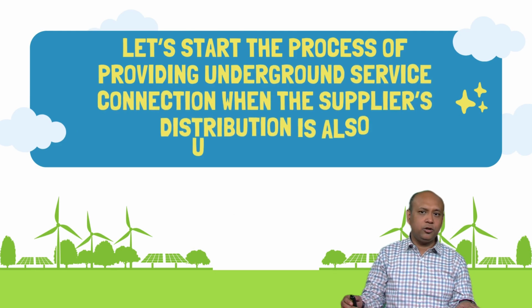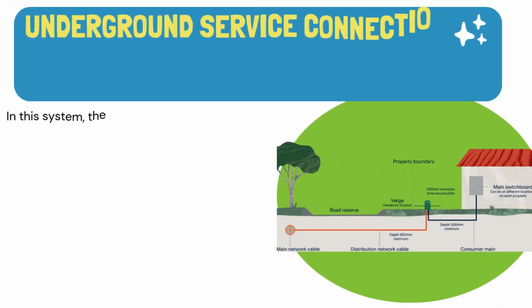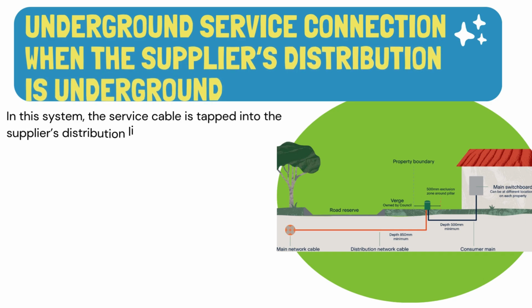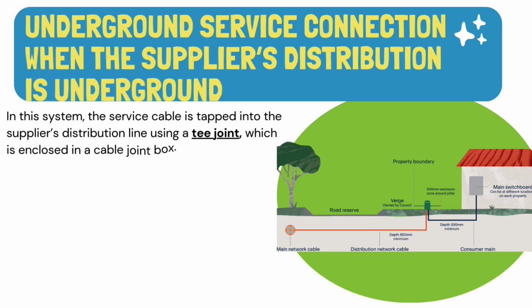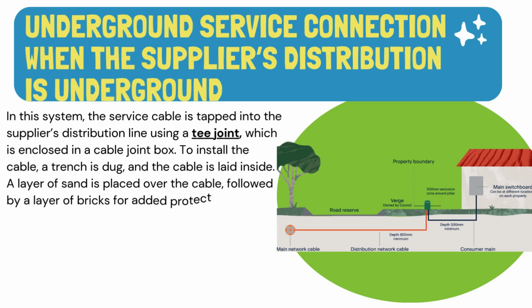Now let's look at the process of providing underground service connection when the supplier's distributor is also underground. In this system, the service cable is tapped into the supplier's distribution line using a T-joint, which is enclosed in a cable joint box. To install the cable, a trench is first dug and the cable is laid inside.